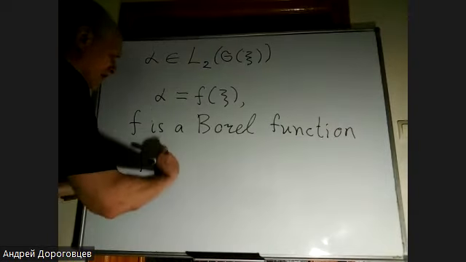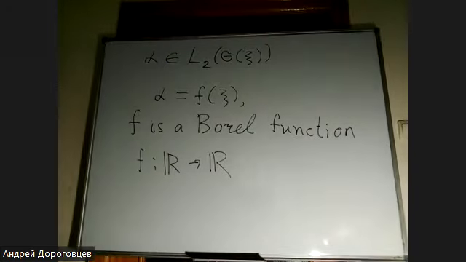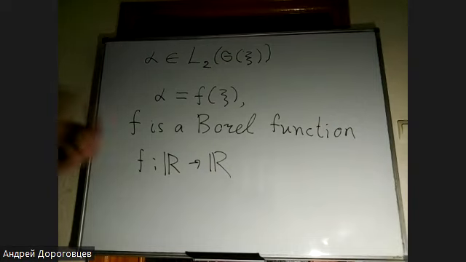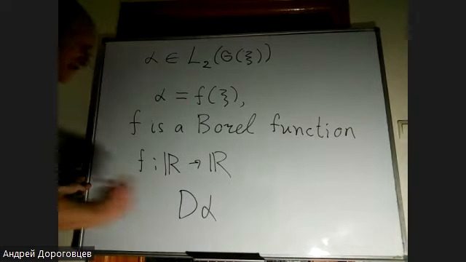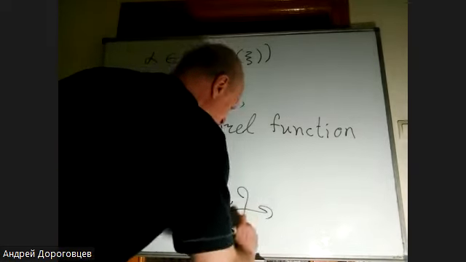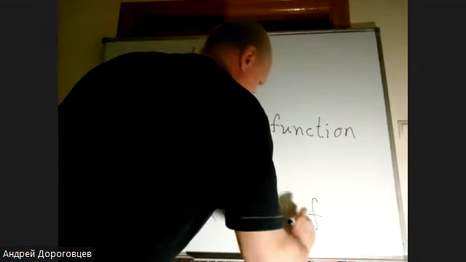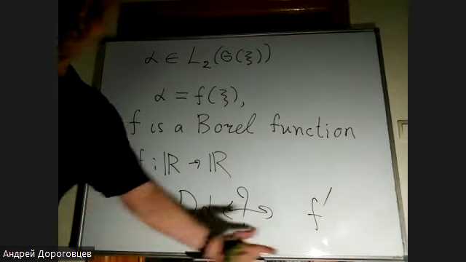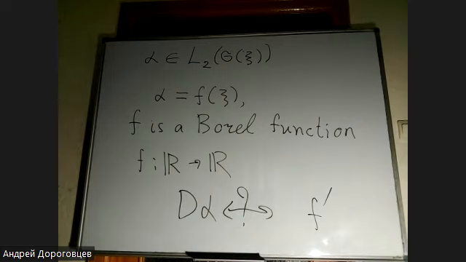Now let us find the relationship between the existence of d alpha, the stochastic derivative of alpha, and some properties of f. Of course, it will be good to have some derivative of f, at least in some sense. And we will see that this is true. Let's start.